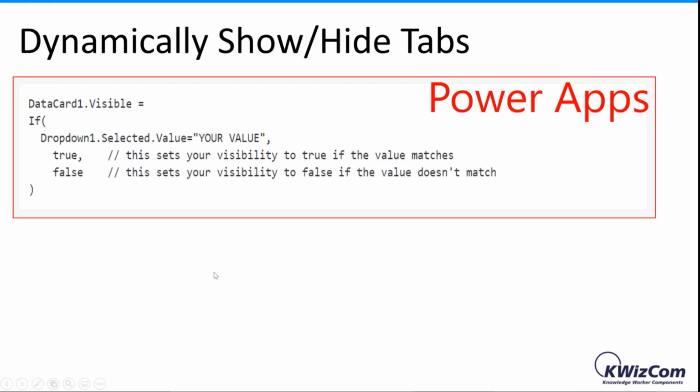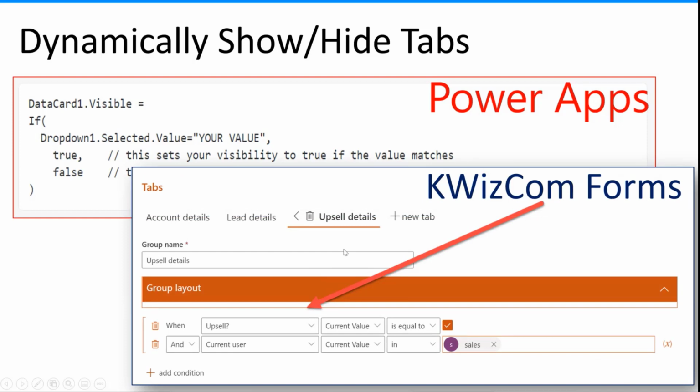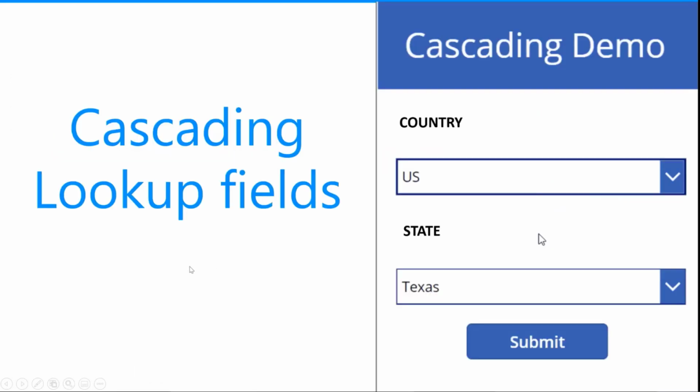Again, in PowerApps, you'll need a small piece of code that says this data card should be visible under these conditions. While in Quizconform Forms, what you will see is just a rule that says the upsell details tab should be visible when upsell is checked, and maybe additional conditions like you see here. But again, we keep you on the logic level.